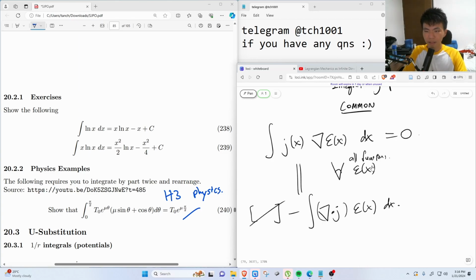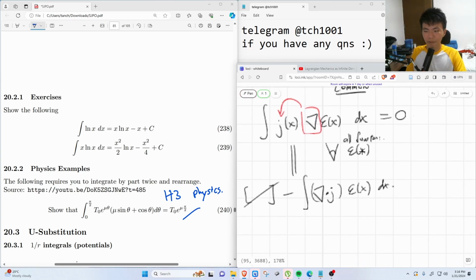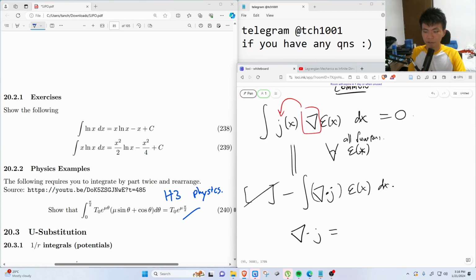So essentially, in the derivation of Noether's theorem, we often use integral by parts to move this derivative operator, right? Usually it's a multivariate operator, but it can be single variate as well. We use it to move this over to the other quantity over here. And then since this thing is equal to 0 for all functions epsilon of x, that would imply that the derivative of j is 0.